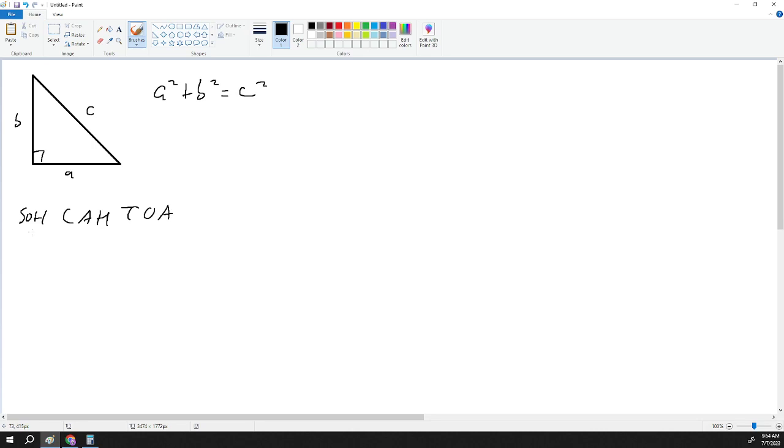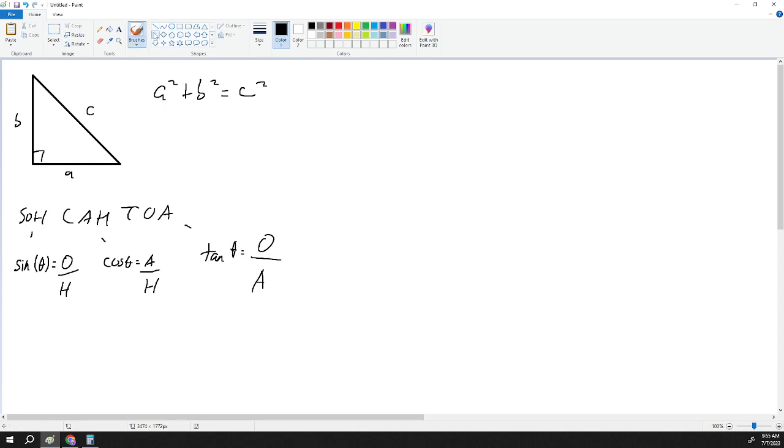So, it is sine of an angle is equal to opposite over hypotenuse. Cosine of an angle is equal to the adjacent over the hypotenuse. And finally, the tan or TOA of an angle is the opposite over the adjacent.